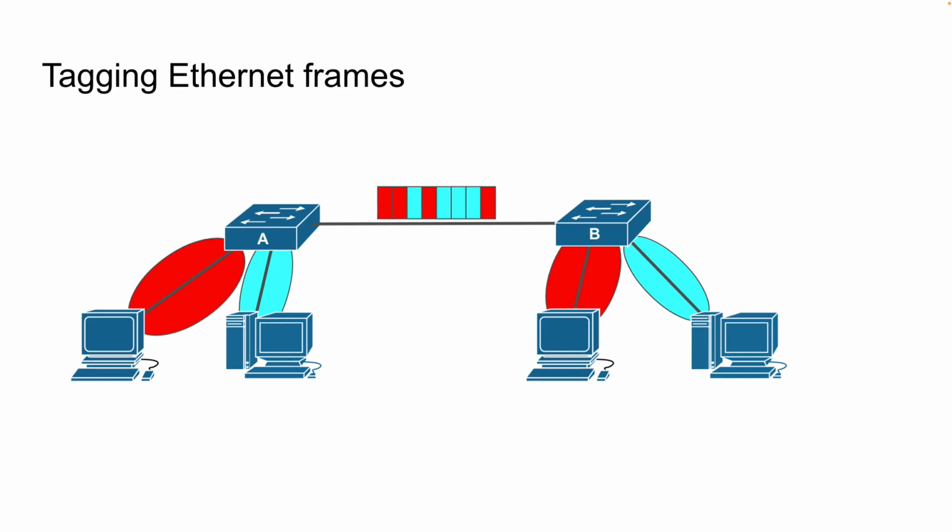VLANs use tagging. The tag unambiguously identifies the source broadcast domain in which this or that frame was initially generated. For example, here in this slide we have 2 broadcast domains and they are virtual.